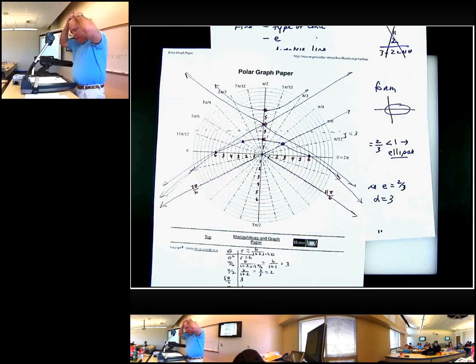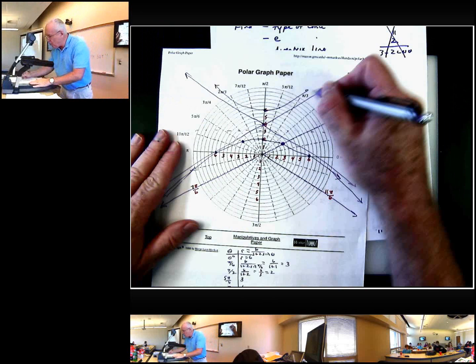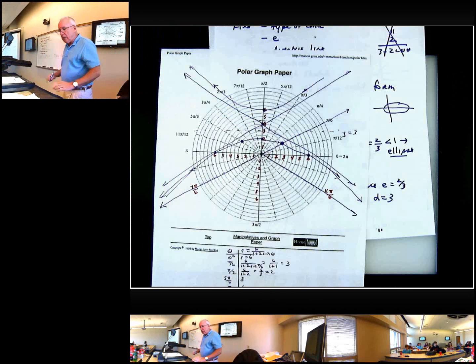The one other thing I wanted to say on this is how are all of these lines really generated by this one equation?